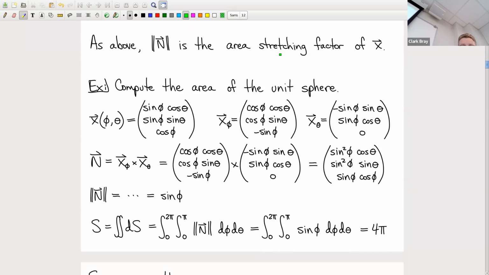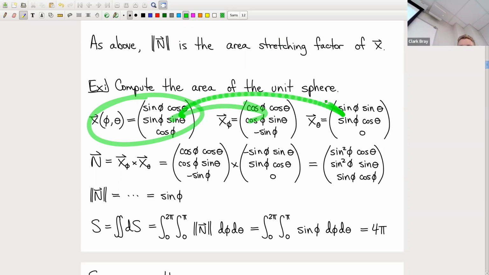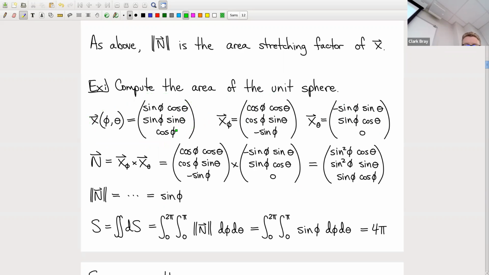So here we go. There's my parametrization. You compute the partials. Now I'm going to gloss over the algebra. Y'all are good at computing partial derivatives at this point. Make sure that you're proficient, quickly, reliably, in computing those partial derivatives. You then take their cross product.